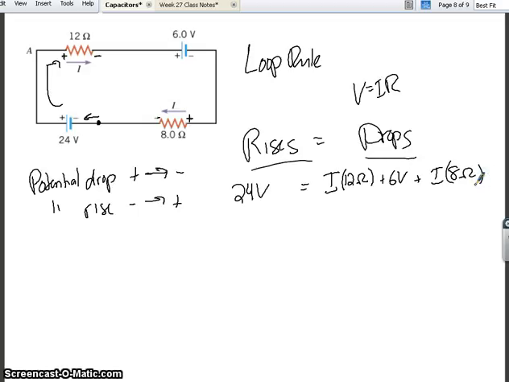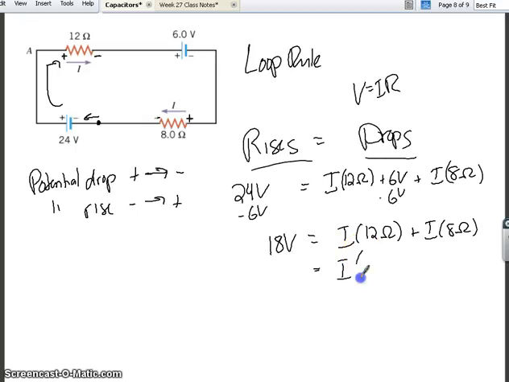When we put all this together, we're going to subtract 6 volts from both sides. We're trying to solve for current here. I don't think I said that at the beginning. 18 volts equals I times 12 ohms plus I times 8 ohms. We can factor out I times 20 ohms, 12 plus 8 equals 18 volts.